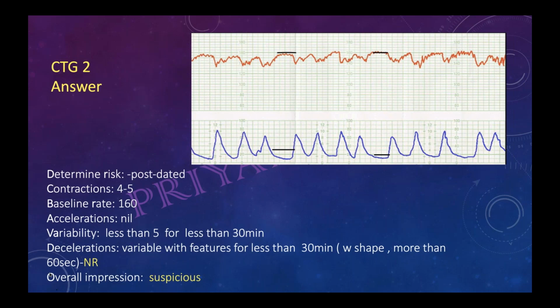This could be a viva station, and sometimes a role player station will come. This patient will be in labor, they will give you one CTG, you have to interpret the CTG yourself and explain that finding to the role player. According to that, you have to explain what the management would be.